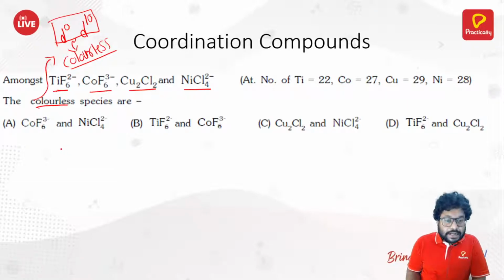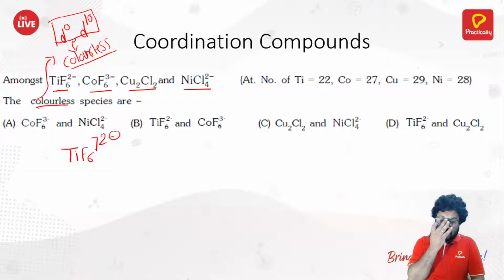The first is [TiF6]2-. We don't know the oxidation state of titanium, so we need to find that out. Then we need to find out how many d electrons titanium has. Its atomic number is given, which is 22.